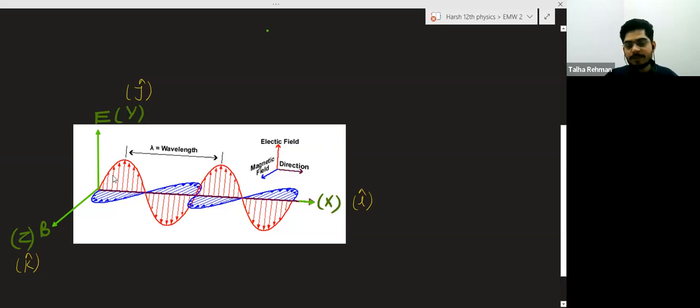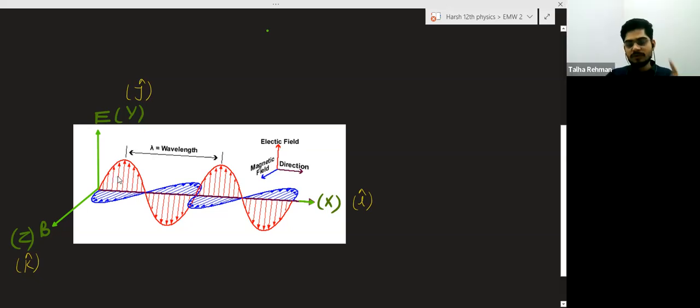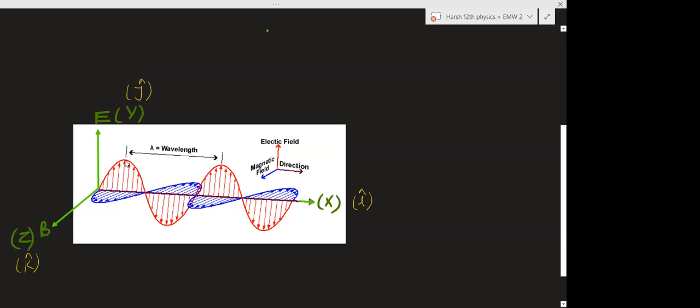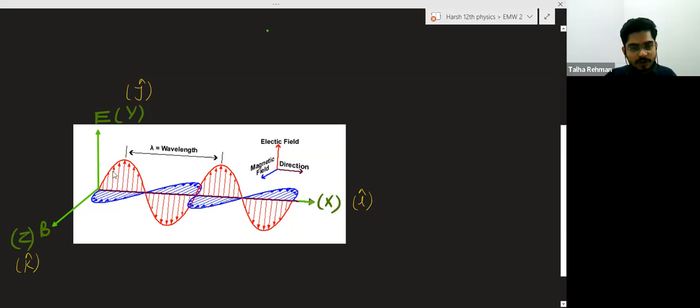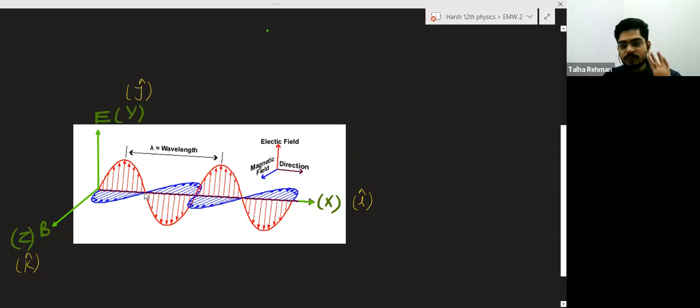The next arrow is bigger than the previous one, which means the electric field is increasing. From here to here, the electric field is increasing. Now, from here to here, the electric field is decreasing and becomes zero.